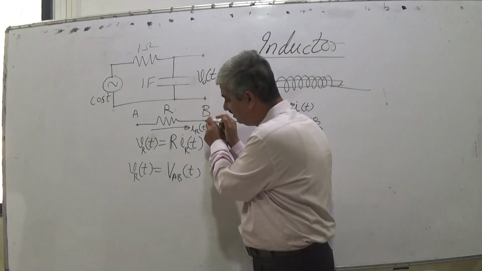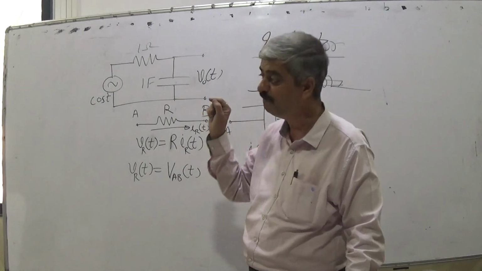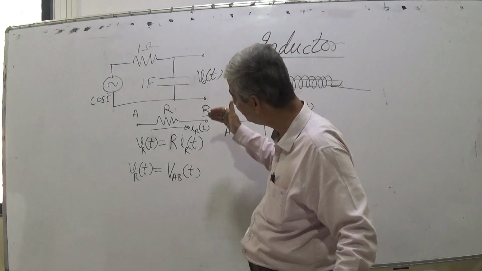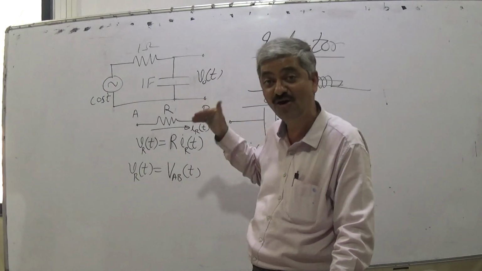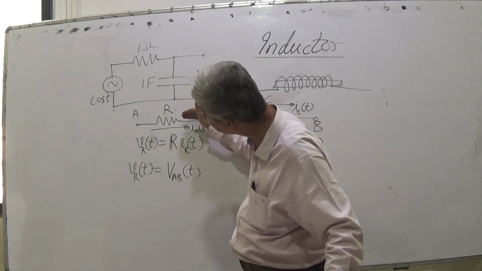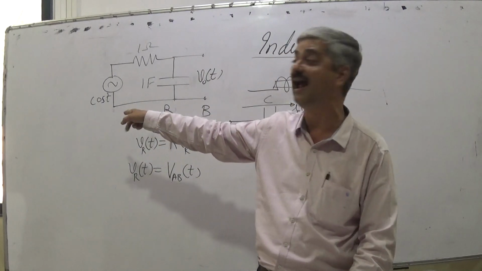If I make a few electrons red, then when current flows, those free electrons travel through the resistor and are collected at the other end.